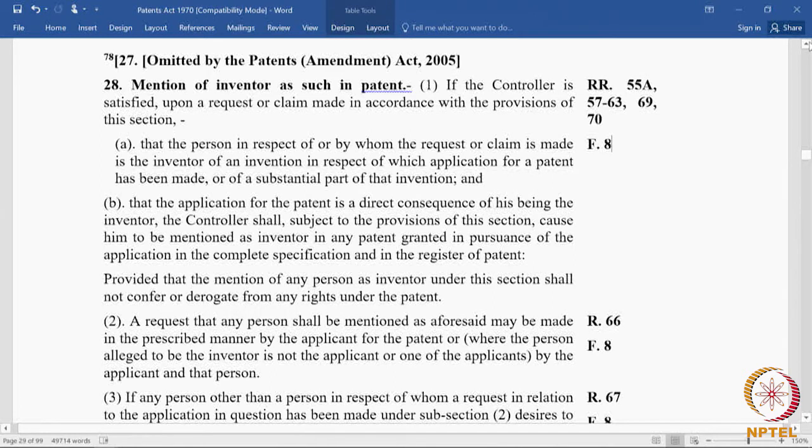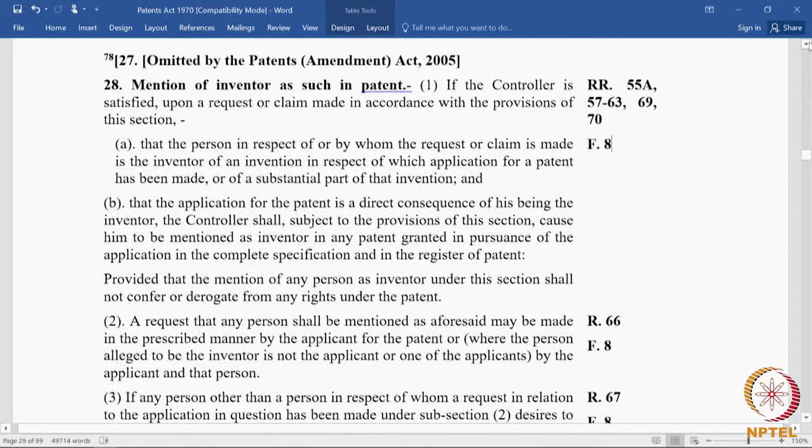So, the controller will correct the record in two places: in the complete specification, that is form 1 and form 2, and also in the register of patents. And as I mentioned before, this does not affect the rights of owners. The mere mention of an inventor's name does not affect the right of the owners, because applicants are the owners of the patent.